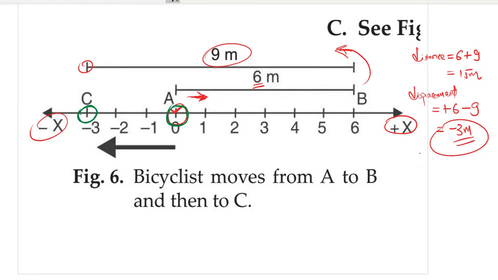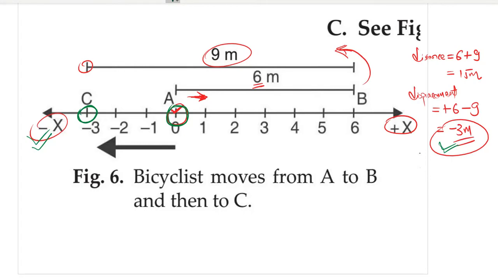It is towards the left side. And what is the sign of the left side? Negative sign, opposite direction, negative sign. So how far is point C from point A? It is 3 meter far, but if you consider the direction, it is minus 3 meter far. So what is the displacement of the body from point A to point C finally? Minus 3 meter. And that's what we got over here also.